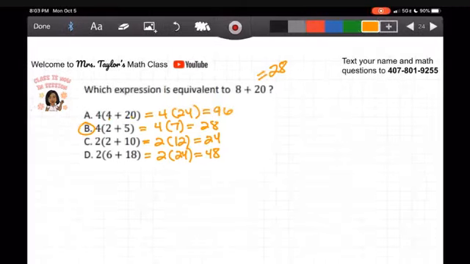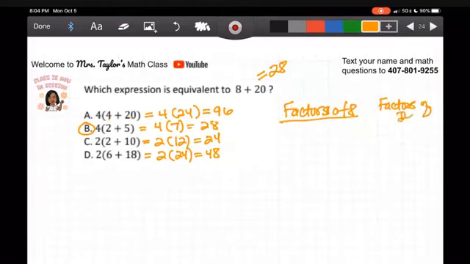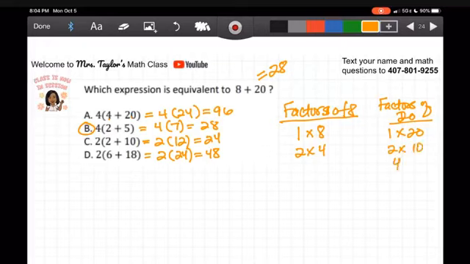But what they want you to do as a student, they want the student to realize that we have, let's do factors of 8. They want the student to be able to do this. There's factors of 8, and then we have the factors of 20. So I could say 1 times 8, 2 times 4, and here it would be 1 times 20, 2 times 10, 4 times 5.